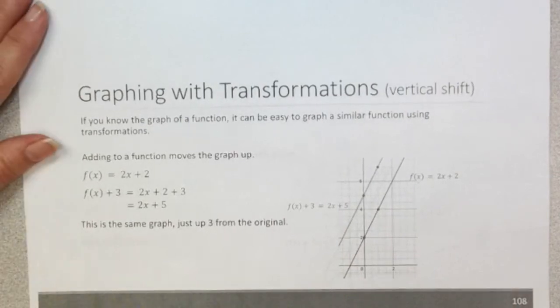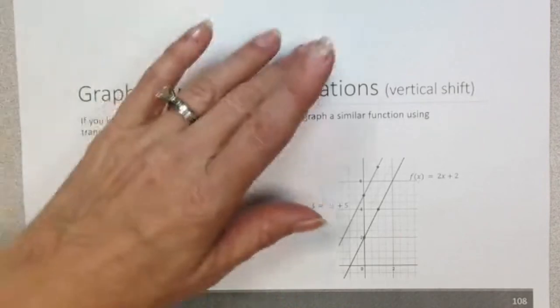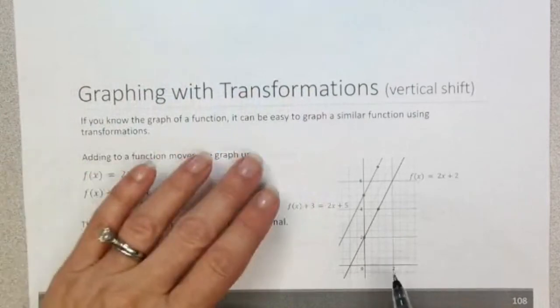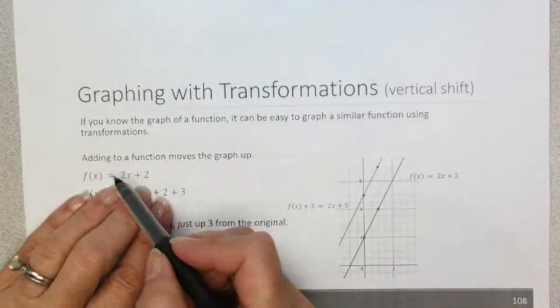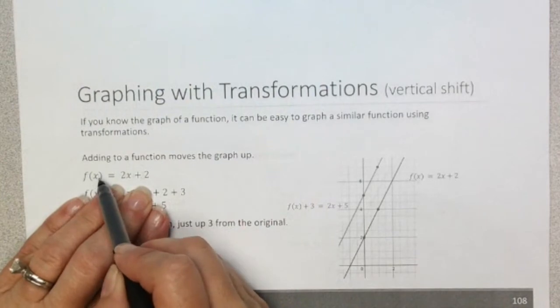Okay, so if we know the graph of a function, it's usually fairly easy to find graphs of similar functions when we apply the rules of transformations to that function, right? So let's look at this example here. If we have a function called f, it accepts x as its input.